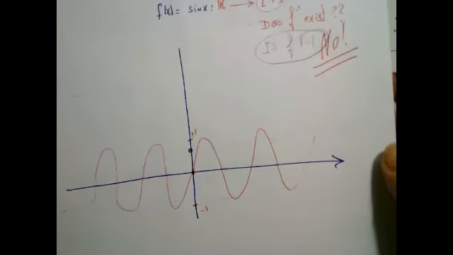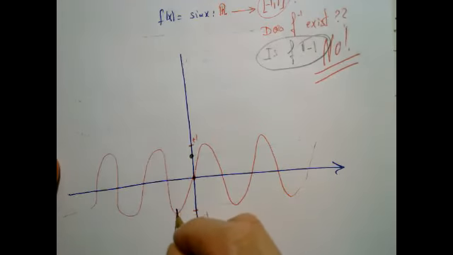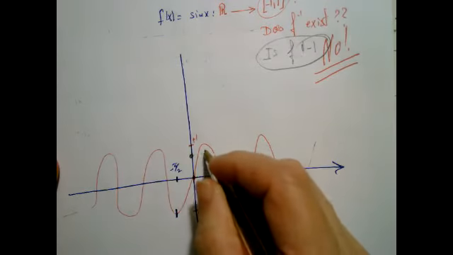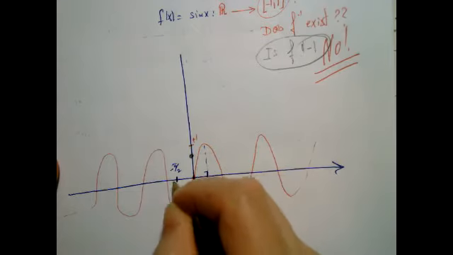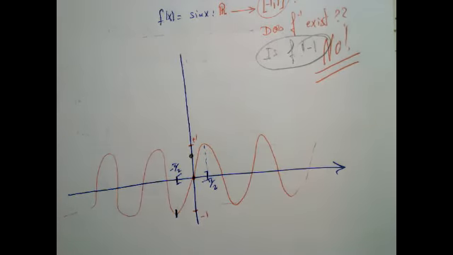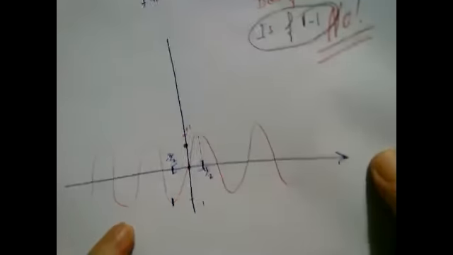And that's why what we do in calculus and trigonometry is the following. We restrict the domain to minus pi over 2, pi over 2. We absolutely restrict the domain, and we define the inverse when the domain is minus pi over 2, pi over 2.